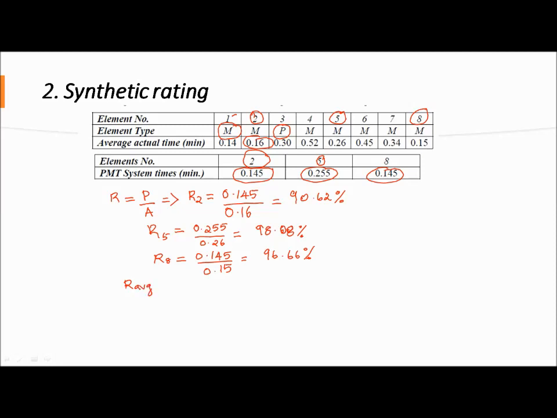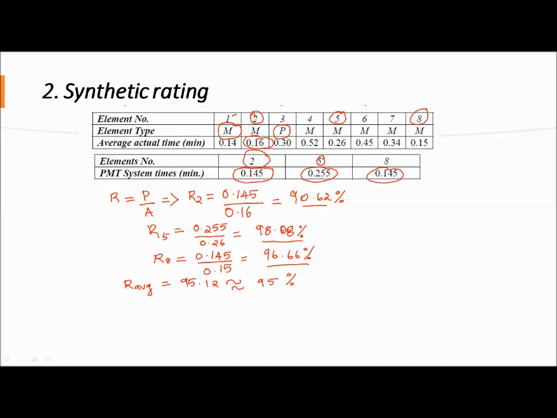So our average will come to the average of 90.62, 98.08 and 96.66. So the value is something around 95.12. So I will approximate it to something around 95. So this is the average rating.